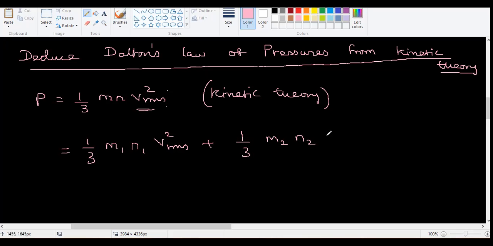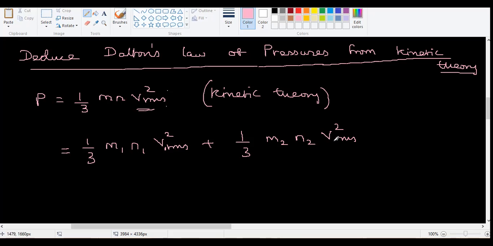M2, N2, V RMS square. So this is V1 RMS.